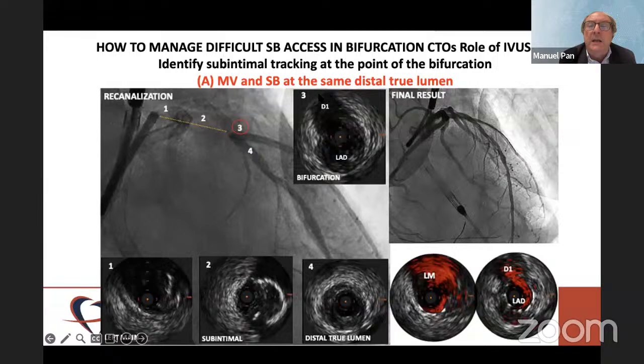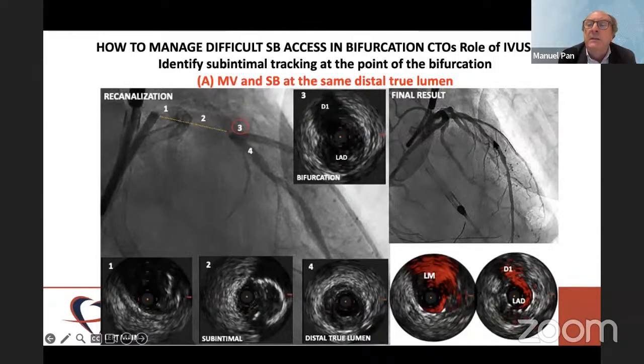And the relationship with the diagonal branch is favorable. The diagonal and LAD are in the same lumen. So in this case, again, provisional stenting is the technique of choice.